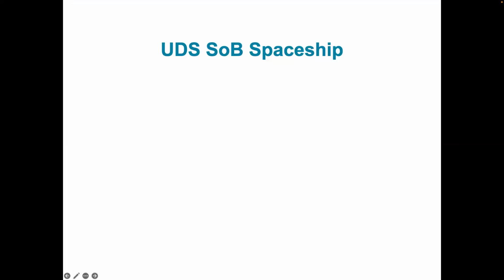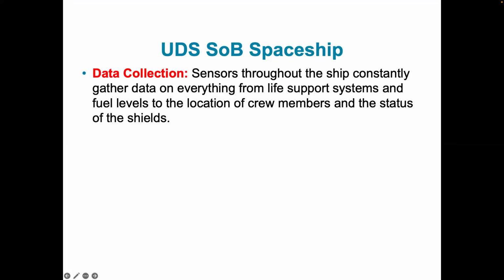Now, we want to look at what the spaceship does in terms of one critical component, data collection. The spaceship has sensors around it, so that whatever is coming to hit it, be it an asteroid or any alien craft or being, those are the asteroids.